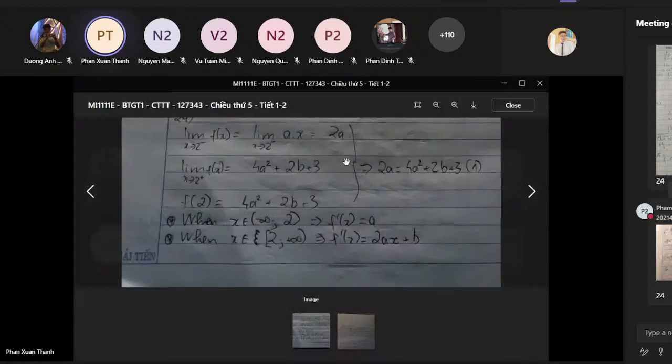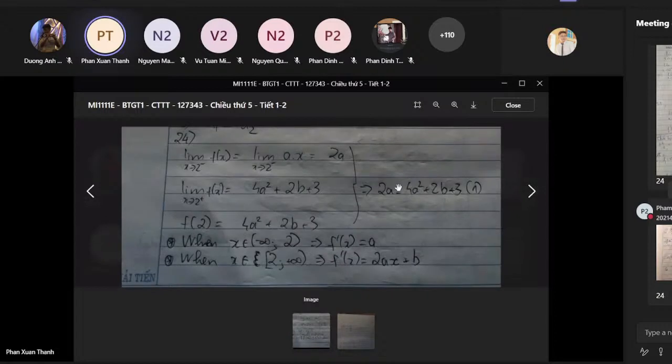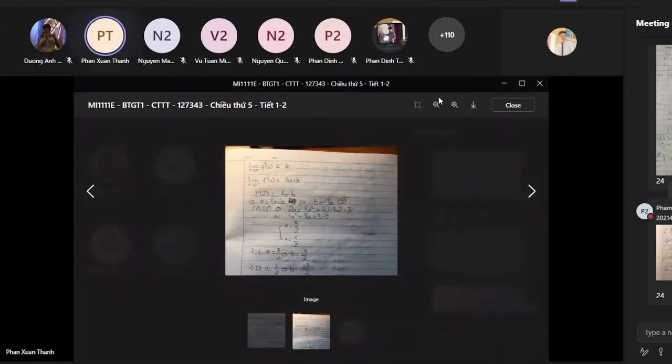Okay, this is a continuous function. It does not mean it is differentiable. Nguyễn Nam Hải, let me check this one. Okay, so this is a left hand limit and the right hand limit of the derivative, not the right hand derivative.